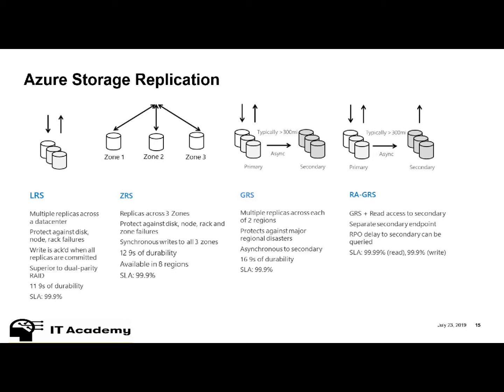It may take a little bit of time for that data to replicate out to the secondary region, typically because there's at least 300 miles between regions in Azure, and that distance causes time delays on the network. So what we do is we treat the replication of data from the primary region to the secondary region as asynchronous. What that means is the storage sees the write to the disk or the read from the disk as being committed when it's written in the primary data center.